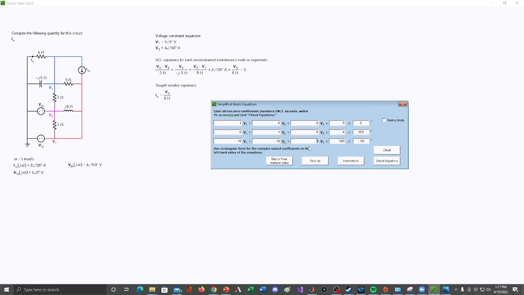Okay, so then for V3, I'm going to type it in. It's going to get mad, but I just want to keep track as we go. So the 5 is going to give us an 18 positive. 1 over minus j is j, so that's going to give us plus 18j, and it's not going to mind that either.